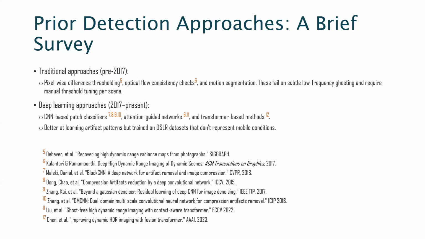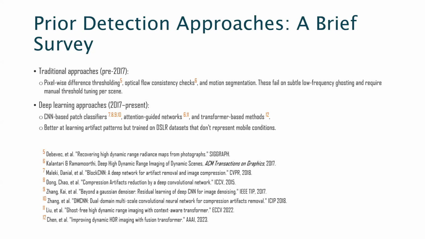They fail to address the subtle low frequency artifacts, which require manual threshold tuning per sequence. The problem with low frequency artifacts is the same scenario that you described: the overall picture looks good, but it generates some patterns that aren't even in the picture. That is what traditional approaches fail to address, and they used some ML techniques.